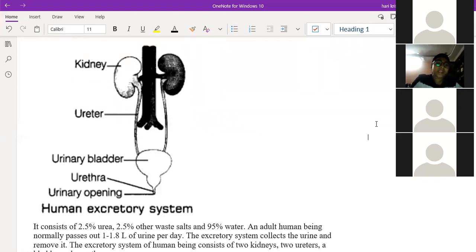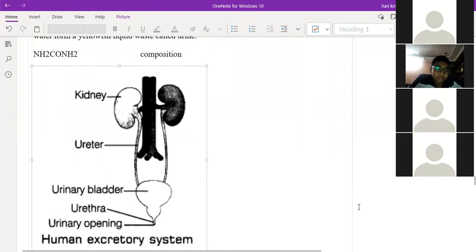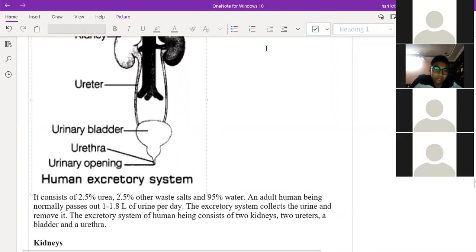No, sir, I think it purifies the blood. Ritvik, can you explain? The kidney's role is to purify the blood and remove the metabolic waste like salts, urea and carbon dioxide from the blood and send the purified blood to different body parts. Good.